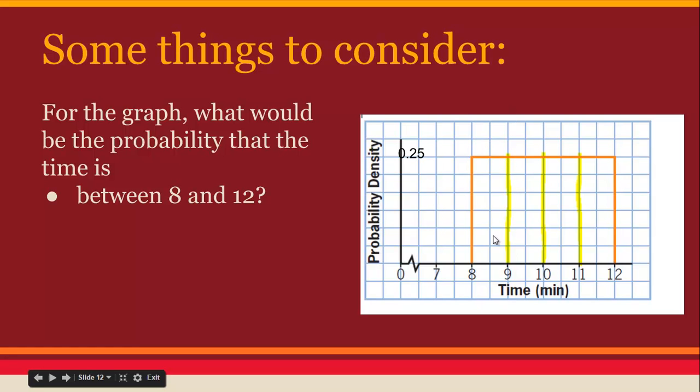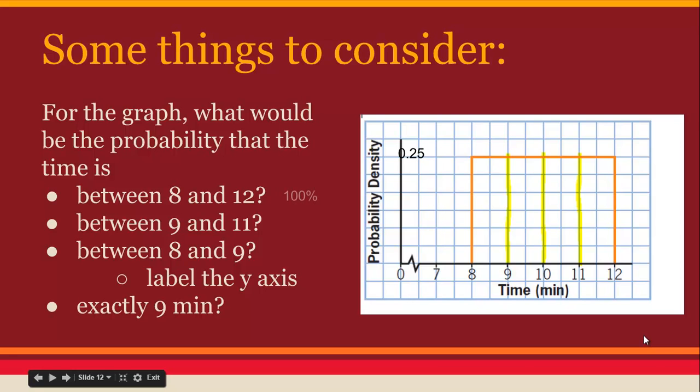So if we want 8 to 12, we can actually see that the probability is going to be 4 times 0.25, and that's the really helpful thing about these density graphs: the area. Just length times width is the probability that we're between 8 and 12. And we can actually see that between 8 and 12 is really just 100%.